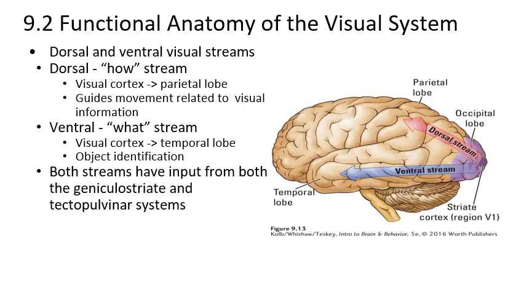So the parietal and temporal lobes are also called the dorsal stream and the ventral stream. These are two pathways that bring visual information to other parts of the brain. The dorsal stream is the how stream. This goes from the visual cortex to the parietal lobe, and it guides movement related to visual information.